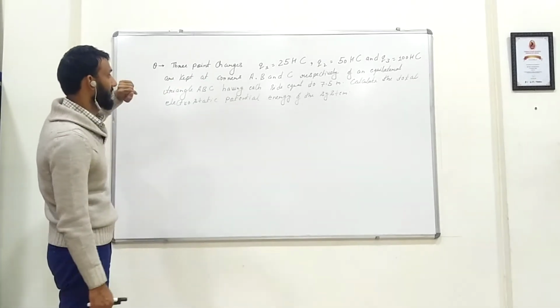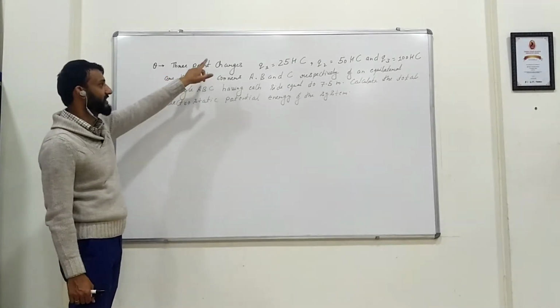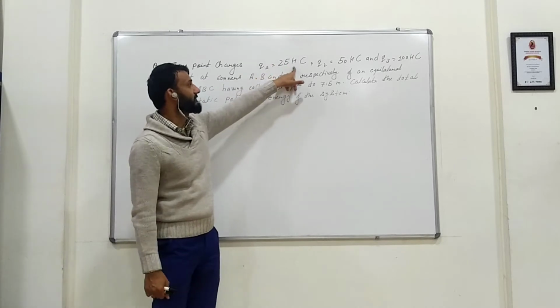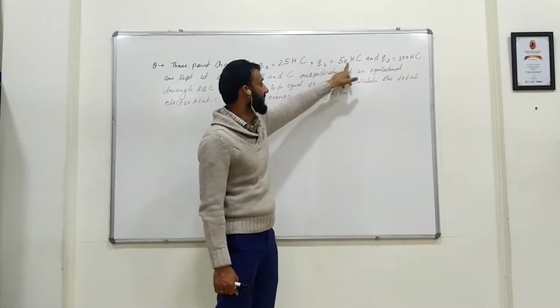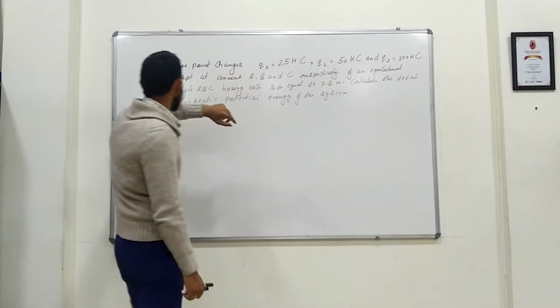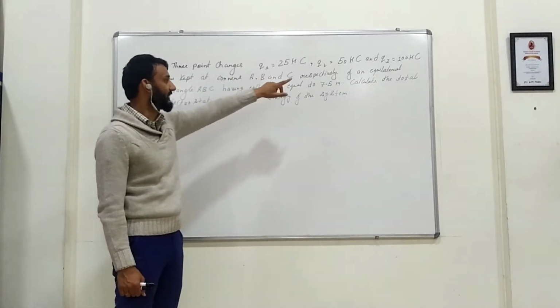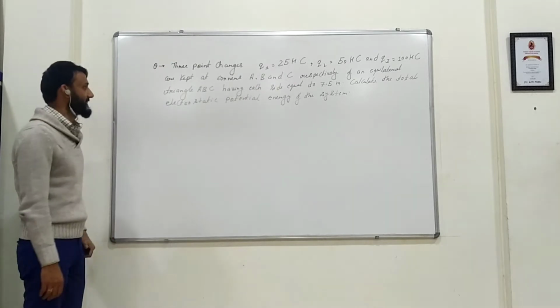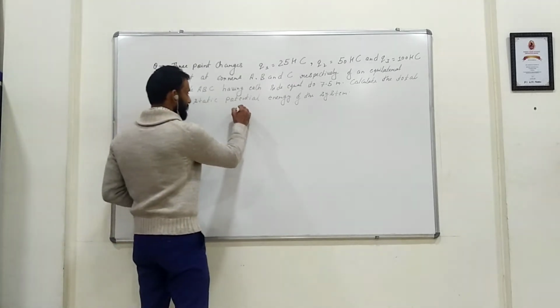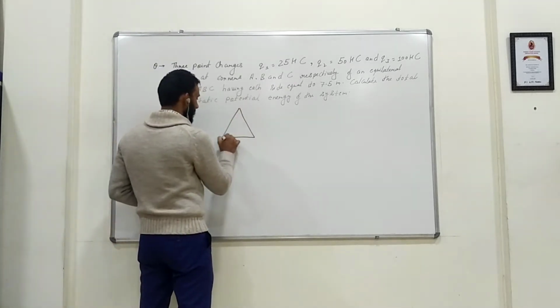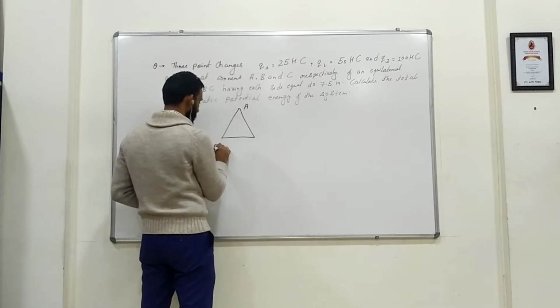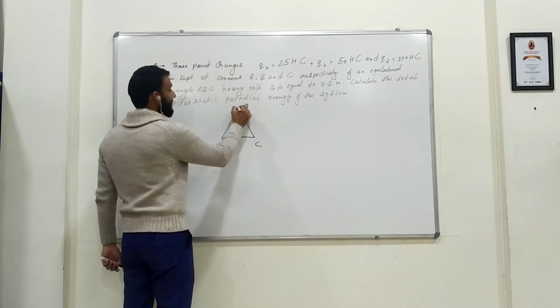So here we have a question which says that three point charges Q1 25 microcoulomb, Q2 50 microcoulomb and Q3 100 microcoulomb are kept at corners A, B and C respectively of an equilateral triangle ABC. So we have one equilateral triangle ABC. Charges are kept like this.